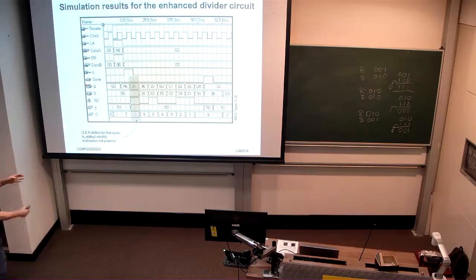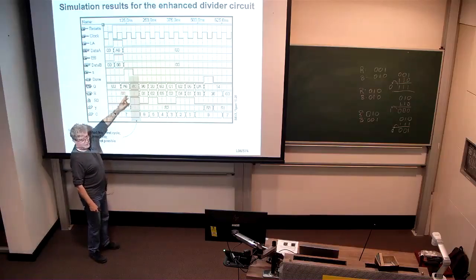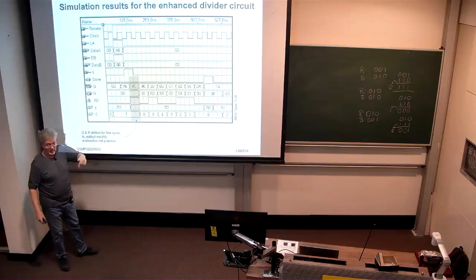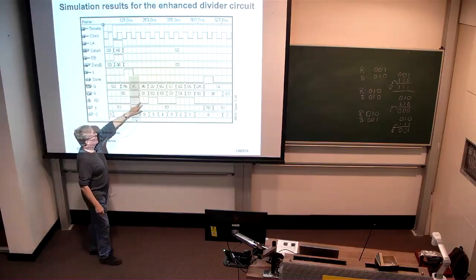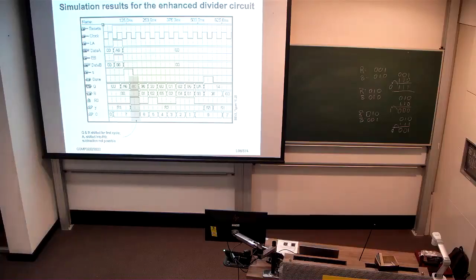So I've shifted it across by 1 bit. Moreover, the leading bit of A, the 1 in 1010, is loaded into R0. So that's as we expect.